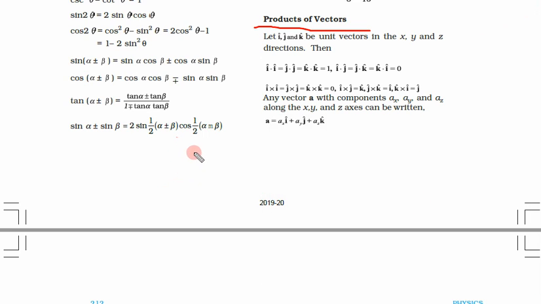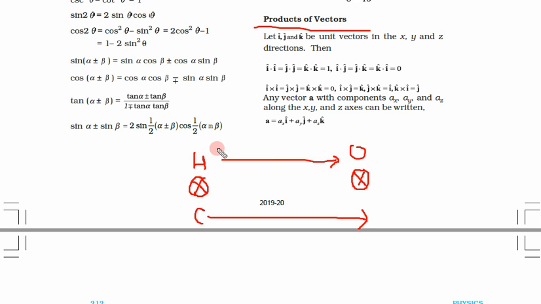Let us take another example. Let us say this is home and this is office. Now a car starts from home and goes to office. The distance between home and office is 15 kilometers. So the car goes 15 kilometers, then in the evening the car comes back.